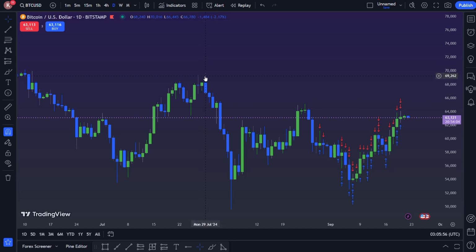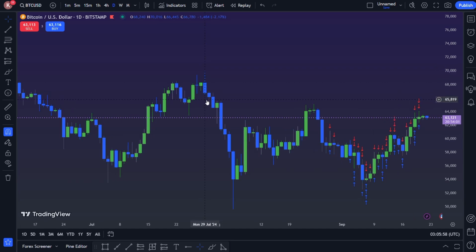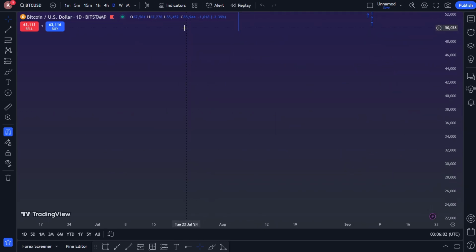It's a body and a wick. This is a candle. This is one candle right here. So how do candles look like? So first, a candle has a body. This part right here is a body. Then a candle has a wick. The line right here is the wick.